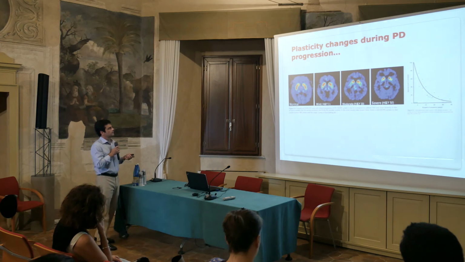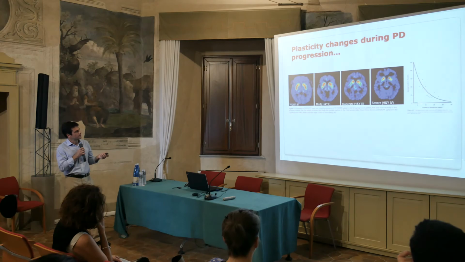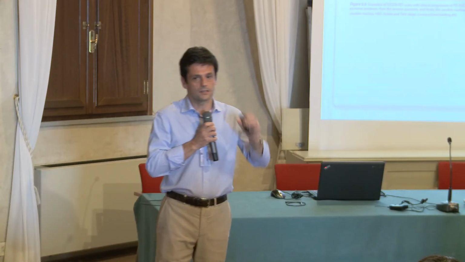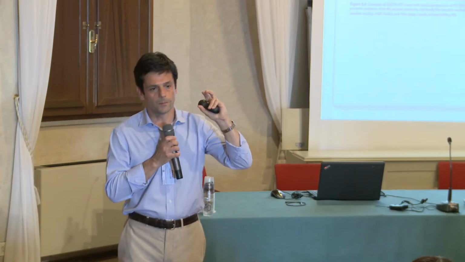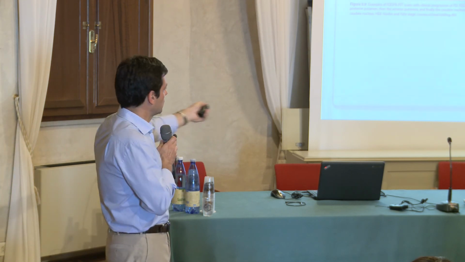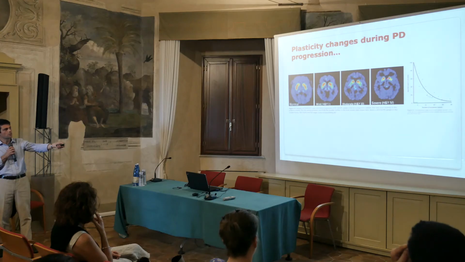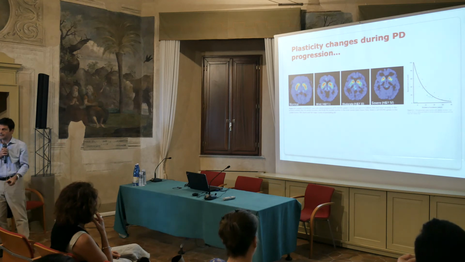We also know that, you see, this is a DAT scan, so it's the uptake of dopamine from nigrostriatal terminals in normal conditions, and then you see a long disease progression. You see how it more and more loses the ability because the terminals are dead.